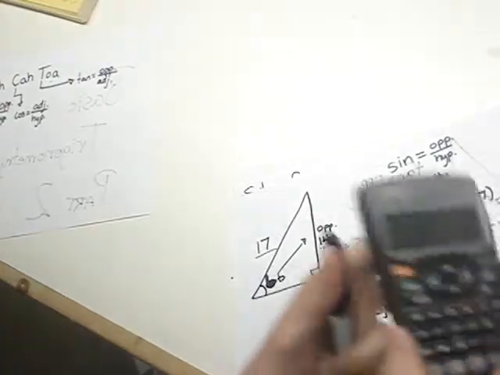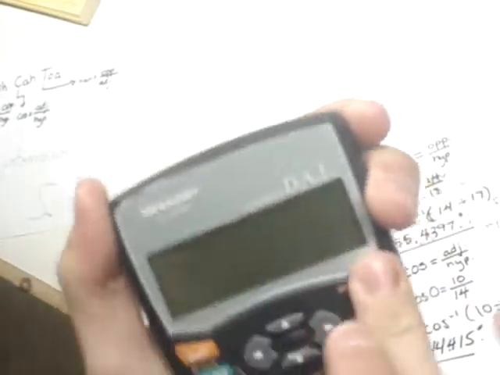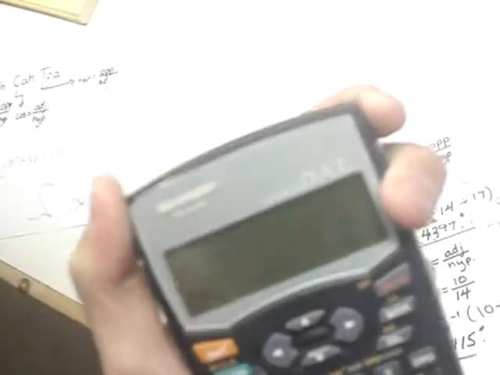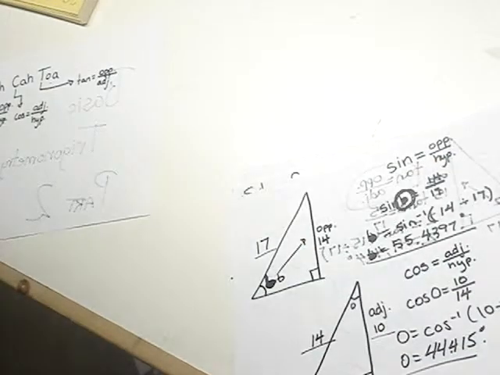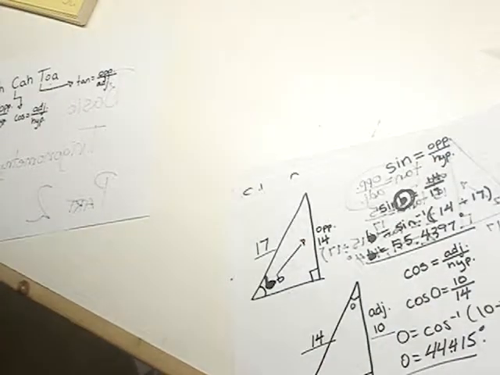Now on your calculator, normally you press second function and then you press the ratio that you want. So if you wanted sine, you'd press second function sine and it'll give you a little sine -1, or you do second function cosine, cosine -1, same thing for tangent. Okay, so as long as your calculator is in degree mode, this should work.